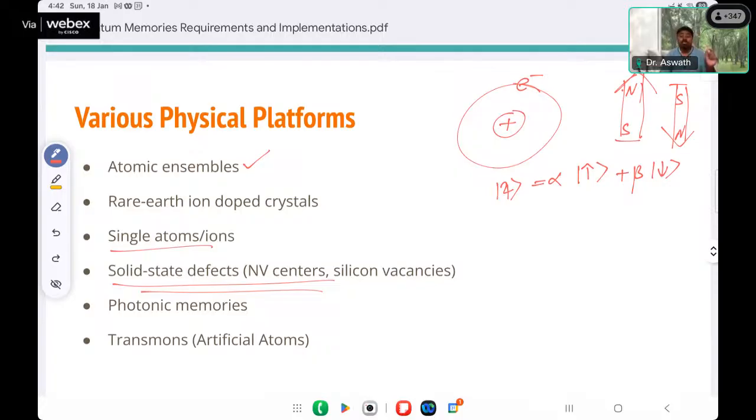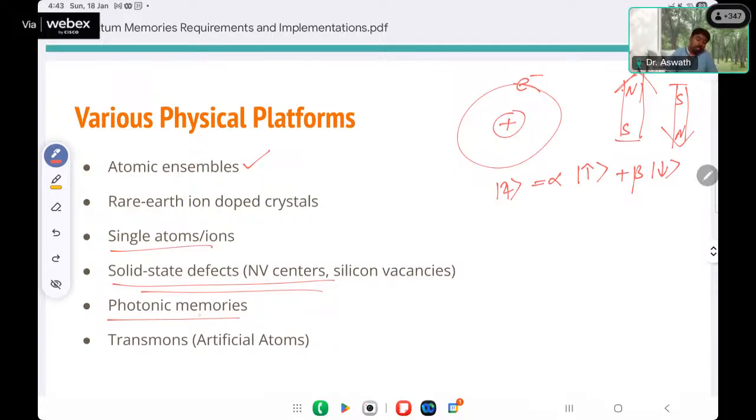So there is a nitrogen inside, which can be a negative charge, and there is a vacancy of carbon, which is a positive charge. Together they create a positive-negative dipole. That itself is a dipole, and various superposition states can exist. From there I can realize a quantum memory.